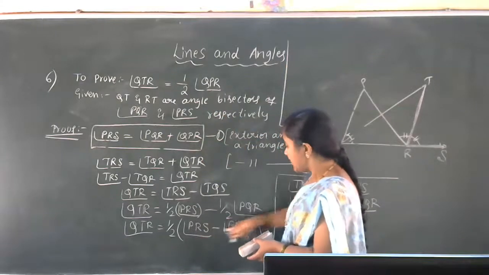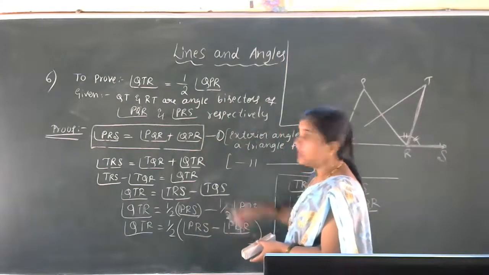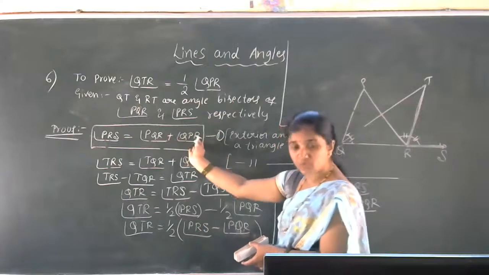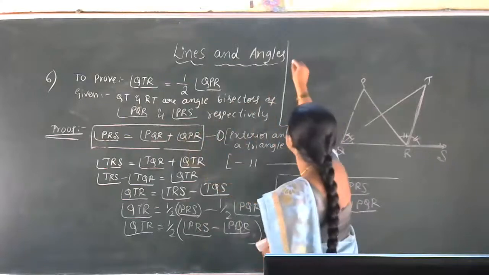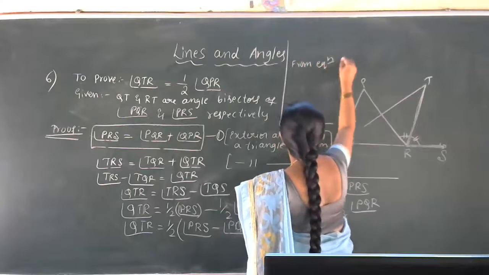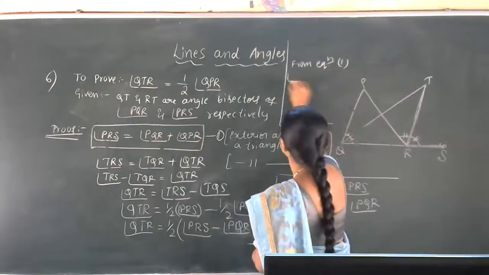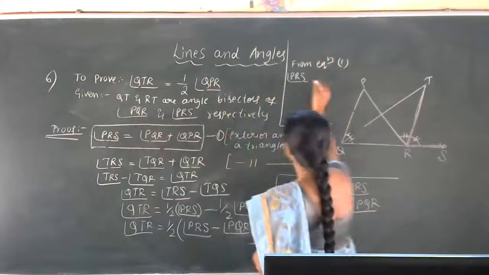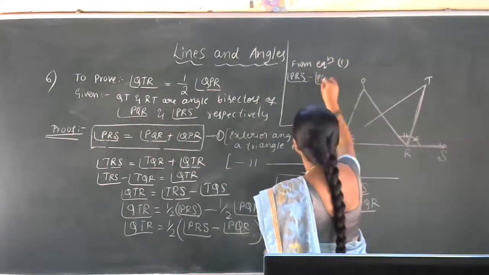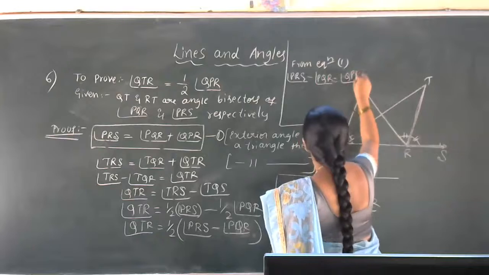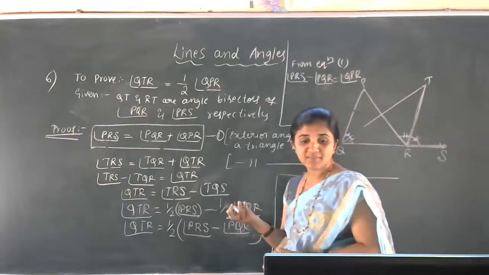From equation number 1 we get angle PRS, let us transfer this PQR to that side, minus angle PQR which is equal to angle QPR.